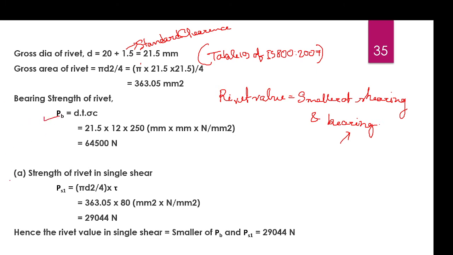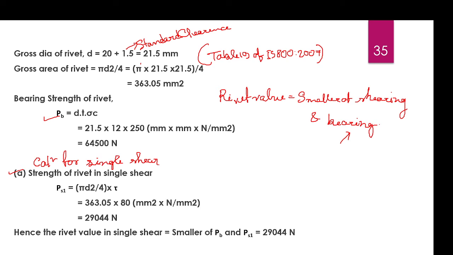So coming to the next part, that is calculation of the shearing strength. For the first case, number A, calculation for single shear. Strength of rivet in single shear equals cross-sectional area of the bolt into tau. We have already calculated the gross area, that is 363.08, and the value of tau is given as 80 Newton per mm square.